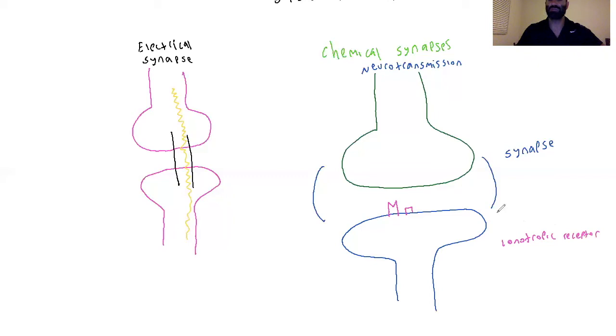These are very simple. They are extremely rapid. They are extremely fast acting. And that's because ionotropic receptors involve ligand channels, meaning that ligand binds with the receptor and it opens a channel.